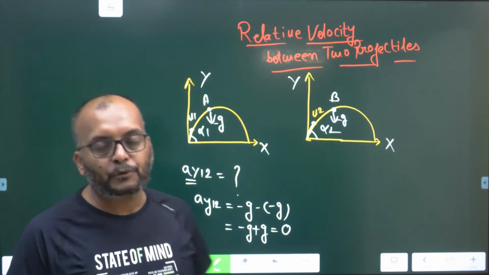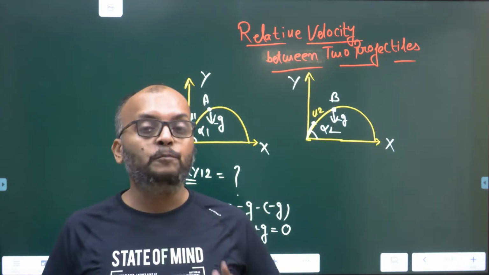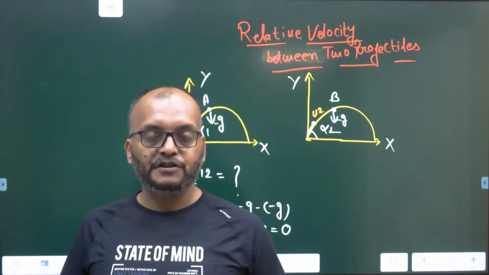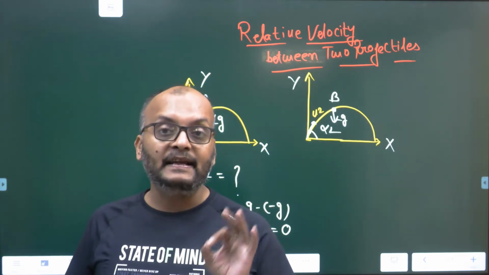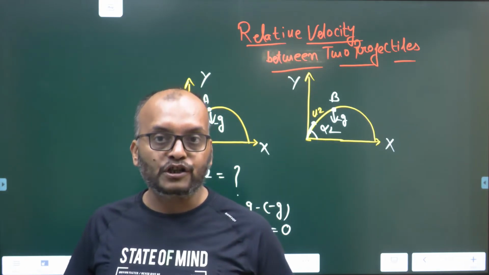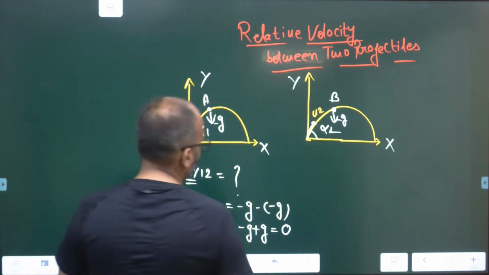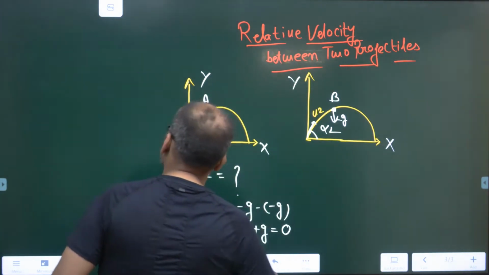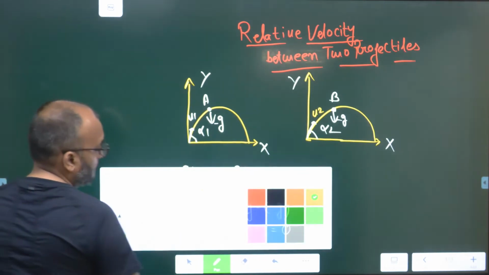Hence, if two projectiles are projected, then there won't be any relative acceleration between them. That is, their motion will be uniform motion. Question has been asked. I am going to write it.